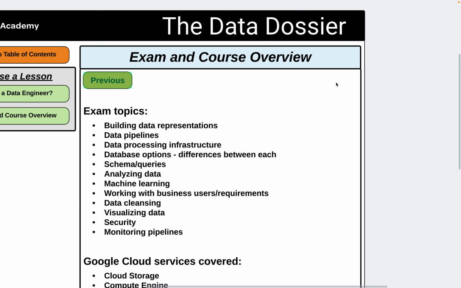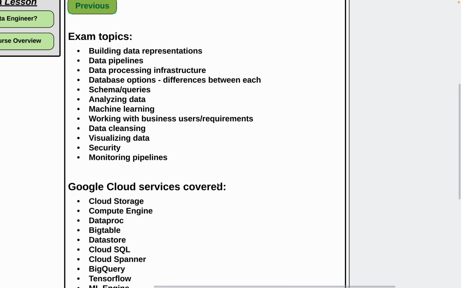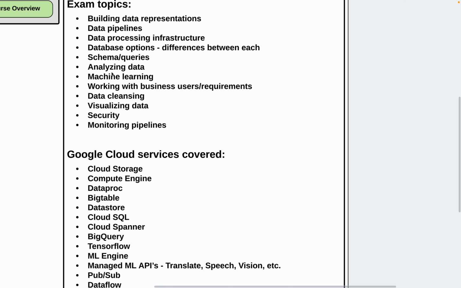So the next part is the exam topics: building data representations, building data pipelines and data processing infrastructure, database options, interfaces between schema and queries, analyzing data, machine learning, working with business users and requirements, data cleaning, visualizing data, security.